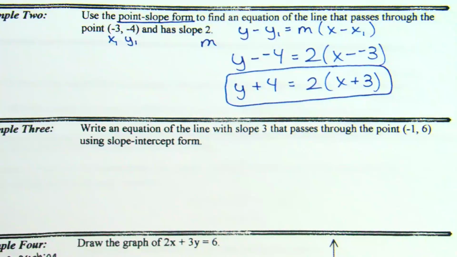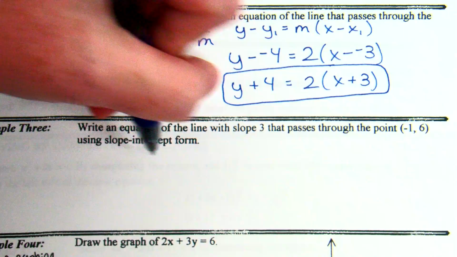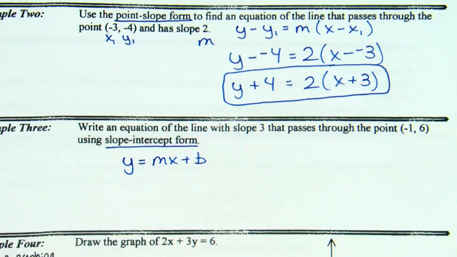Okay, example 3. Write an equation of the line with slope 3 that passes through the point -1, 6 using slope-intercept form. What's slope-intercept form? y equals mx plus b. Now, the key is to end up in y equals mx plus b form.